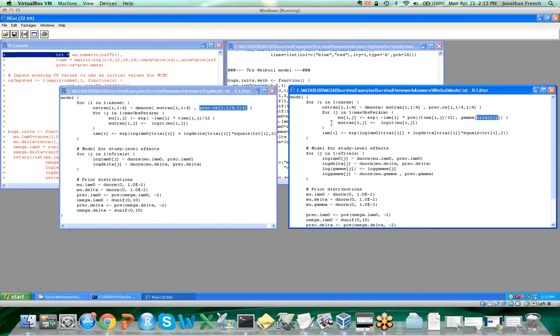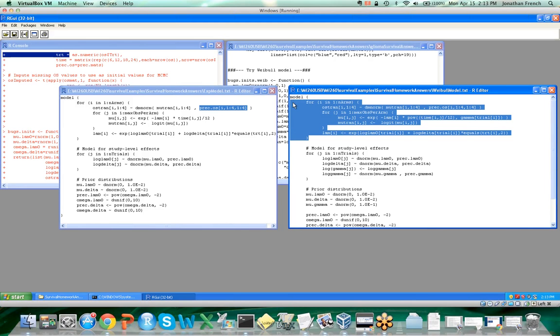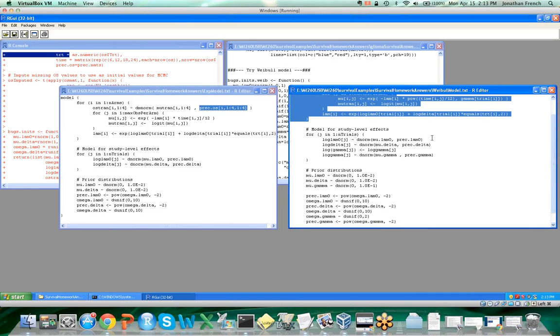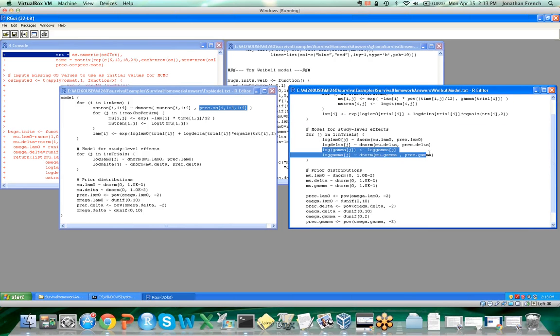So that's the only change to the likelihood part of the model, or the model for the observed outcomes, I should say. We also need to define a model for the gammas. And here I just assumed that the log of the gammas followed a normal distribution between studies.